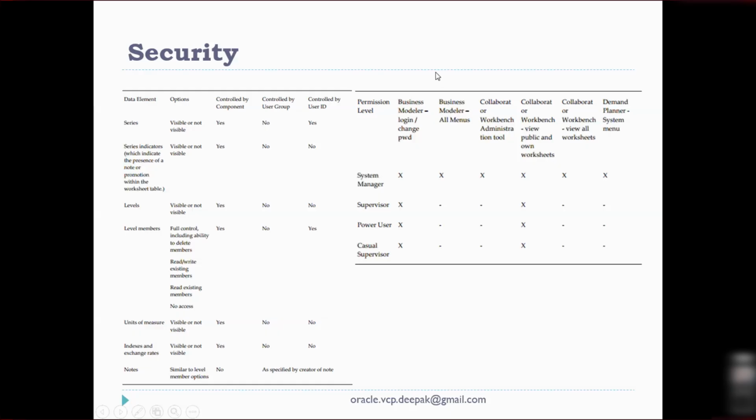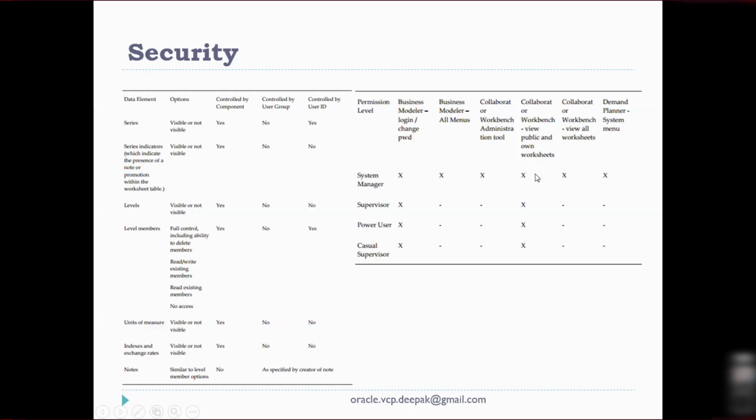There is another table which explains the permission level. Whenever you create a user, you mention one permission level, like this user is a super user, this is a manager, this is admin. So the person who has the system manager permission level can do everything.